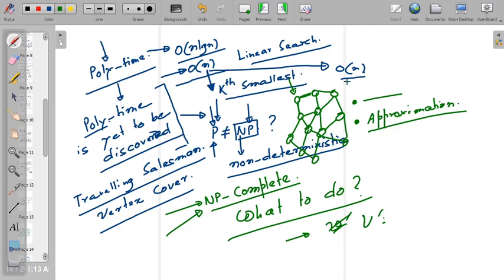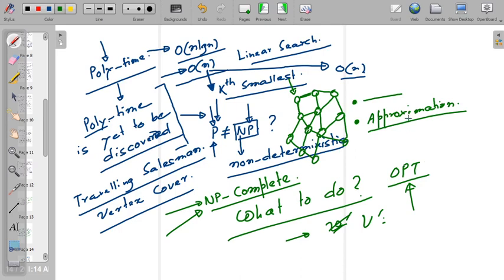Optimization problems are of two kinds: minimization and maximization. Vertex cover is a minimization problem, where we find the minimum vertices which cover all the edges, that is, an optimal solution. But we have proved that finding the optimal solution is NP complete, which means there is no known polynomial time algorithm yet.